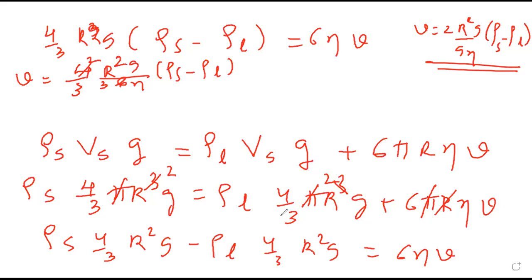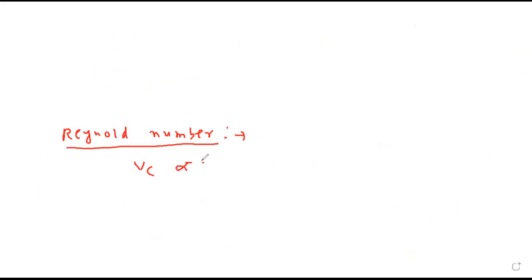Done, sir. Now we'll see what is Reynolds number. Reynolds performed a number of experiments and found that the critical velocity for streamline flow to become turbulent flow is directly proportional to the coefficient of viscosity and inversely proportional to the density and diameter of the pipe.